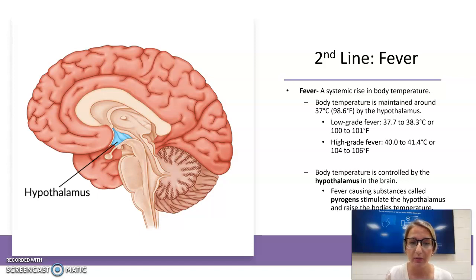If pyrogens are still present, it could go to 101 and continue to rise as long as the pyrogens are present, because that's a sign that the infection is still there. Once the infection subsides, either from immune responses or medication, such as antibiotics, the pyrogens will be lifted, and then the hypothalamus knows that it can start to downgrade the temperature again back to the standard 98.6.